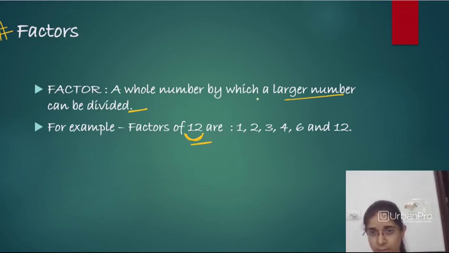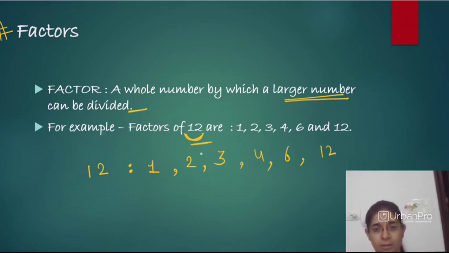So what are the numbers by which you can divide 12 completely? Of course, you can divide 12 by 1, then by 2 completely without any remainder. You can divide 12 by 3, by 4, by 6, and by 12 itself. So factors will start with 1.